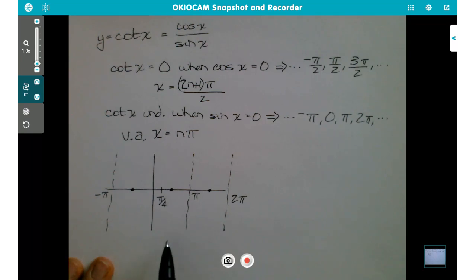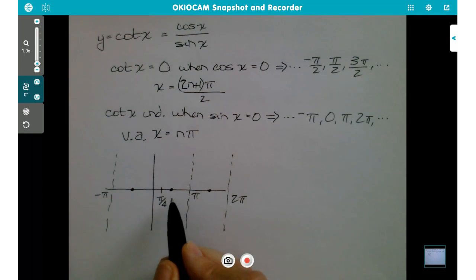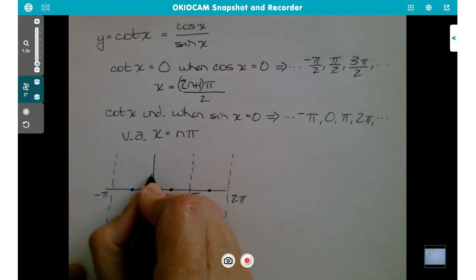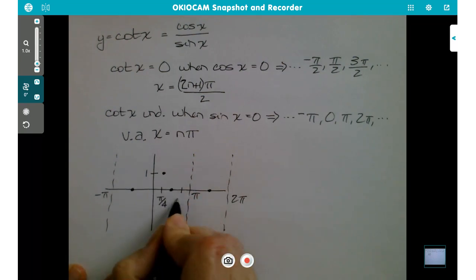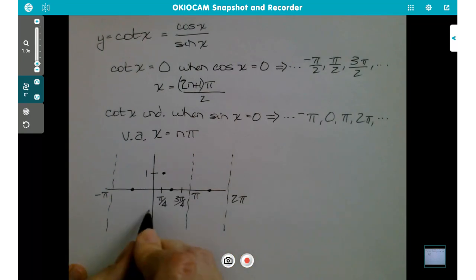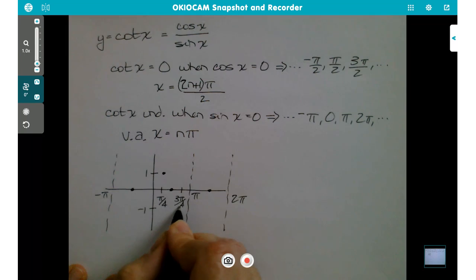Cotangent of pi over 4, well, the tangent of pi over 4 is 1, so the cotangent of pi over 4 is the reciprocal of 1, which is still 1. I'm going to have a point right there. Here's 3 pi over 4. Tangent of 3 pi over 4 is negative 1, so cotangent of 3 pi over 4, also negative 1, like that.